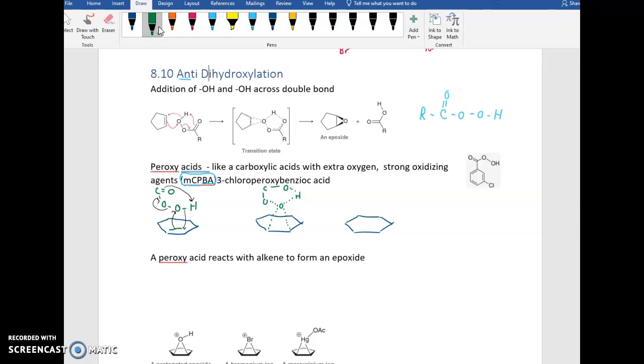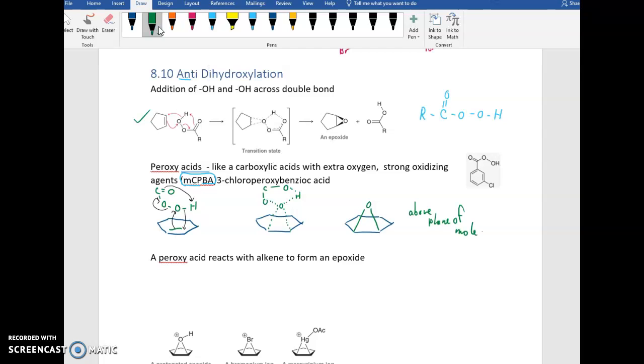We end up with this ring structure. The reason I've drawn it like this rather than the way it's drawn up above is that I want you to see that all this is happening above the plane of the molecule. And what we make is going to be an epoxide. The epoxide sits above the plane of the molecule.